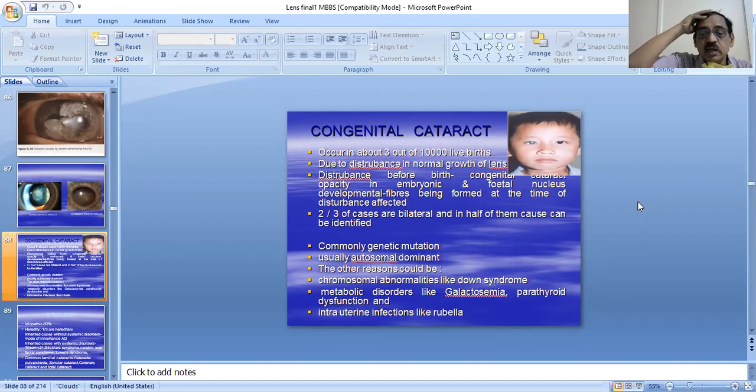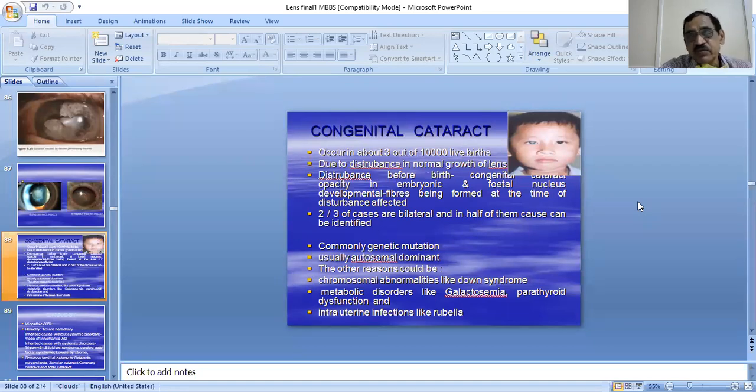The other reasons for congenital cataract formation can be chromosomal abnormalities, such as we see in Down syndrome, and metabolic disorders, galactosemia and parathyroid dysfunction.